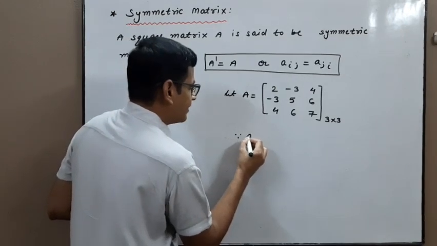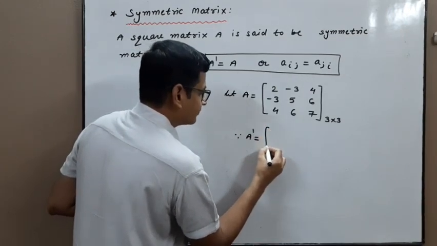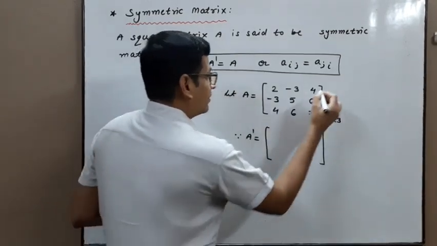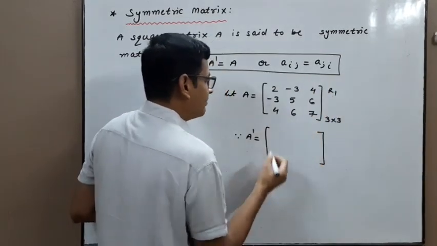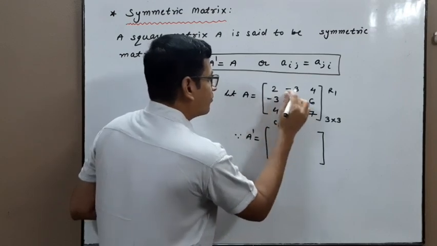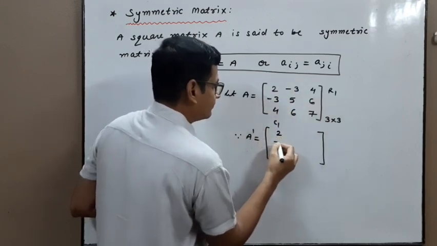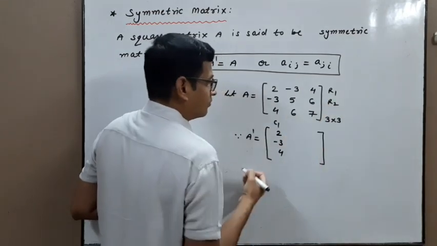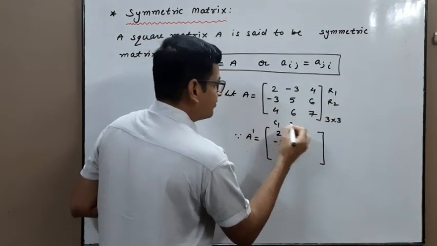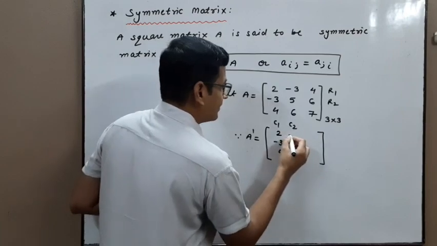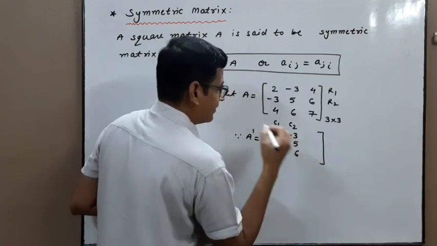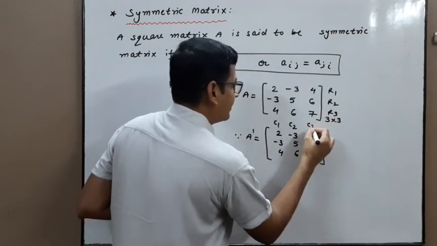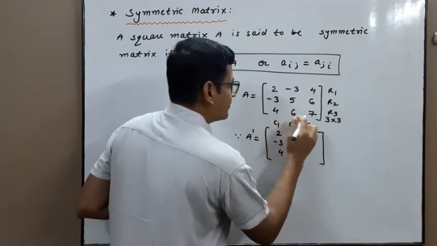Now since transpose of A is equal to, this is R1, write in place of column 1, 2 minus 3, 4. R2, write in place of C2, minus 3, 5, 6, and write R3 in place of C3, 4, 6, 7.